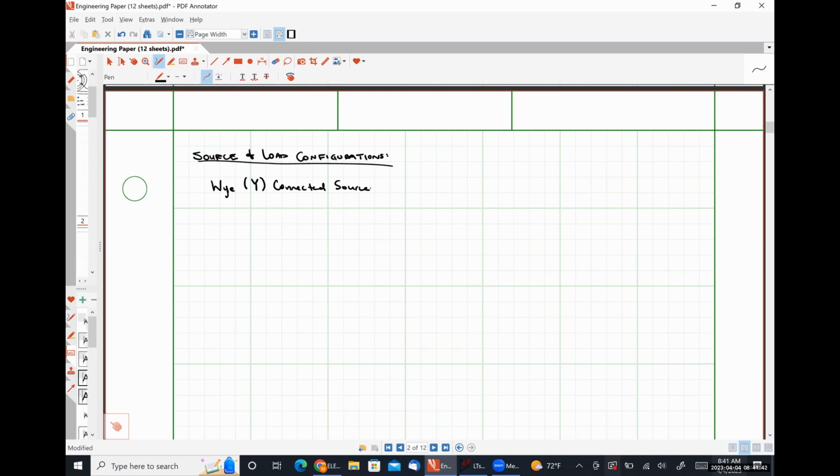So I'm going to draw this first the conventional way, which I absolutely hate, mainly because it's a pain to draw, if I'm being honest. And then I'm going to show you how to represent a Y connected source in a way that's a little bit easier, at least for my brain to understand. So I'm going to have this central point right here. That is going to be my neutral connection.